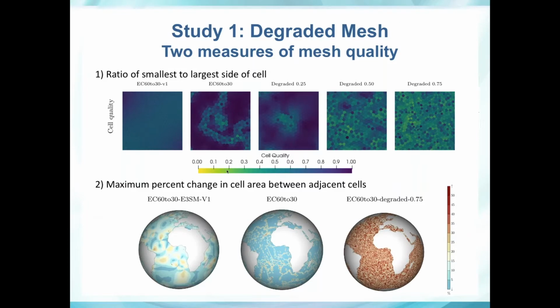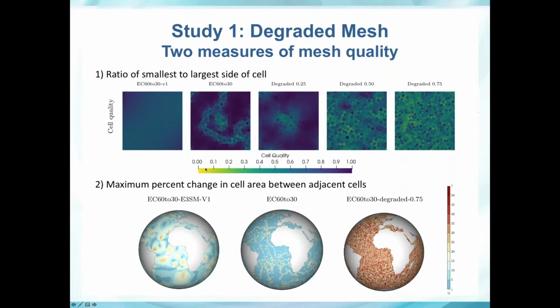So the first study is our degraded mesh study. So on this slide, I'm just showing 2 different metrics of mesh quality. On the top here, this top row, I have the ratio of the smallest to largest side of a cell. So 1 would be a perfect polygon. Lower numbers are lower quality.